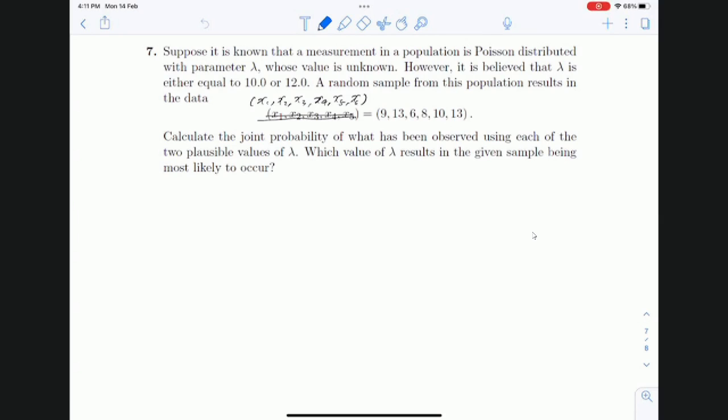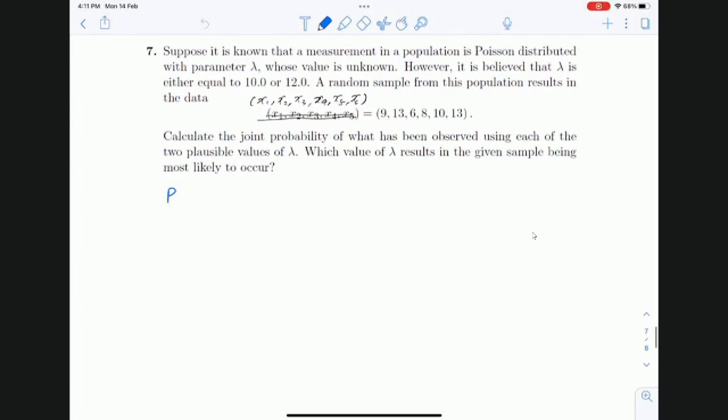So where should we start on the joint probability? First of all, you need to know what it means by a Poisson distribution. A Poisson distribution is a discrete type distribution. That means it is count. Right? Poisson distribution is used to model count data. And therefore, the joint probability will be simply equal to the product of their marginal probabilities.